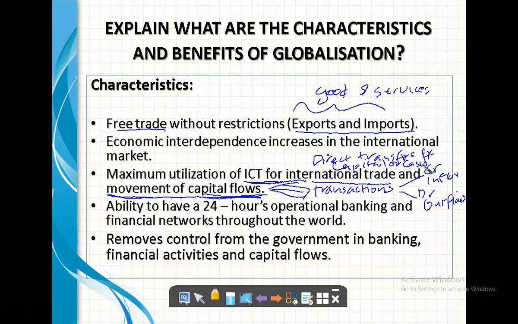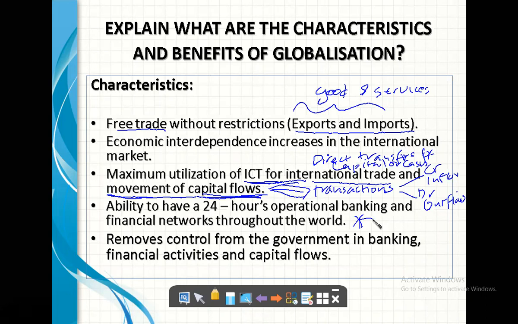The next one, the ability to have a 24 hours operational banking and financial networks throughout the world. So for this one, we are talking about even the time that we are sleeping, there is still transactions going on around the world.